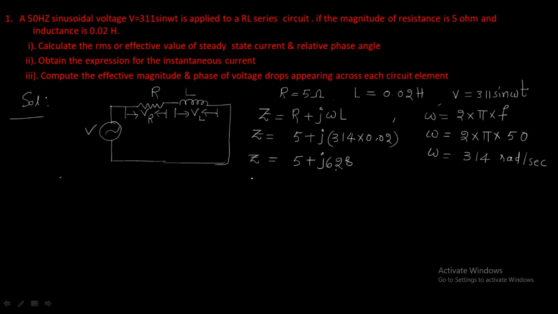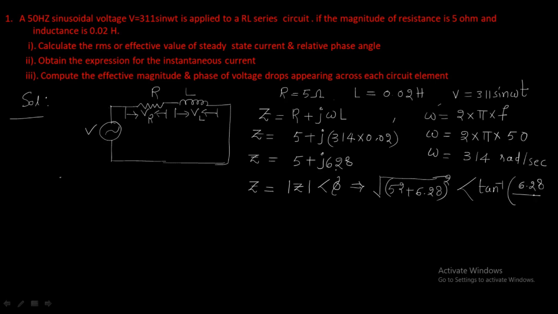In polar form, Z equals magnitude at phase angle phi, where mod Z is the magnitude. The magnitude is the square root of 5 squared plus 6.28 squared, at an angle of tan inverse of 6.28 by 5.